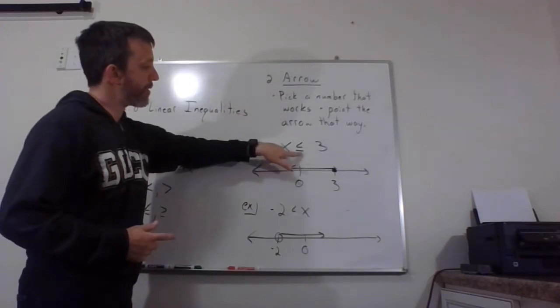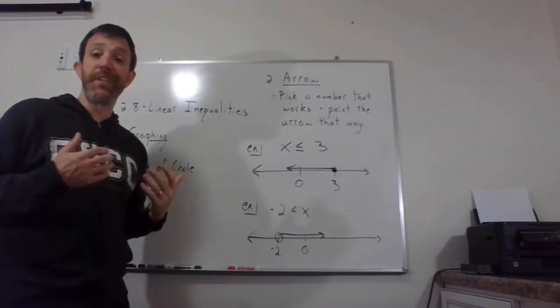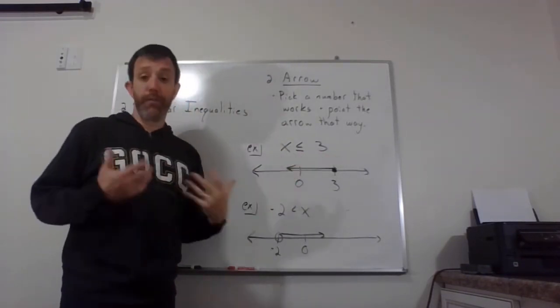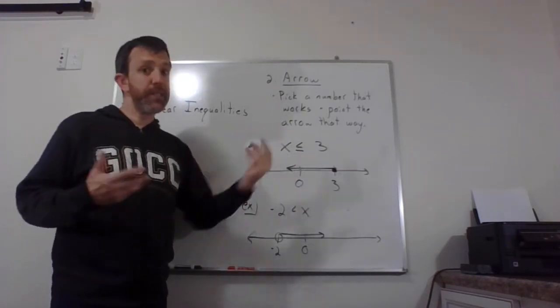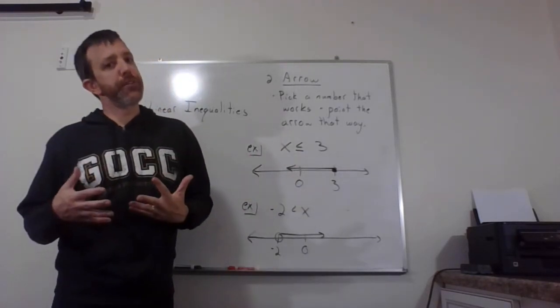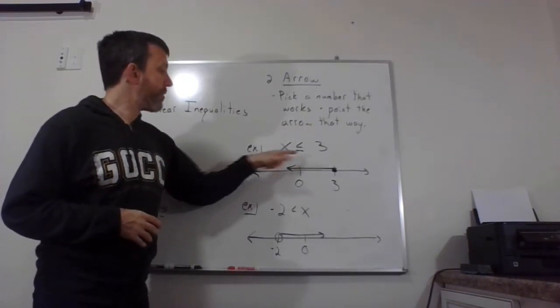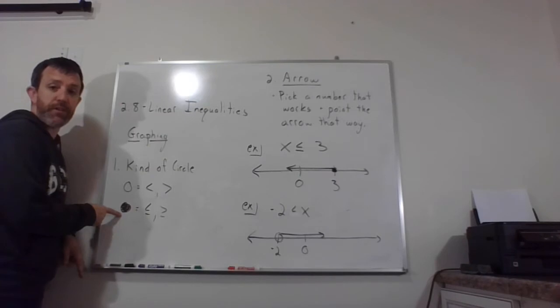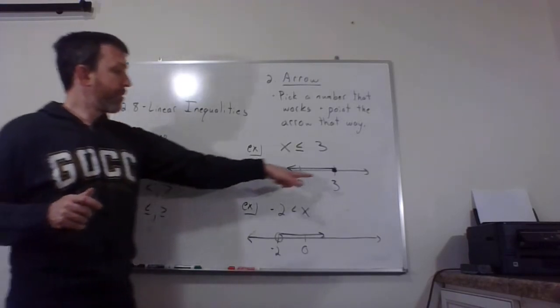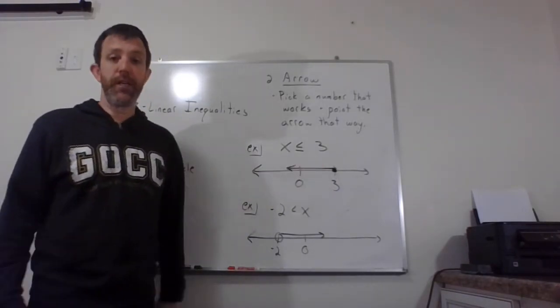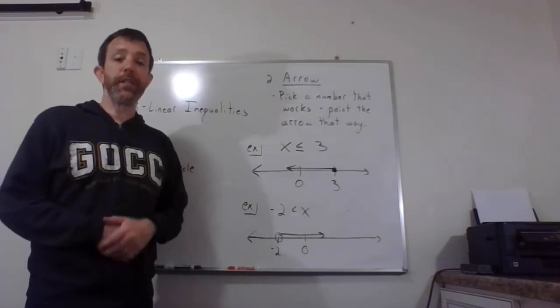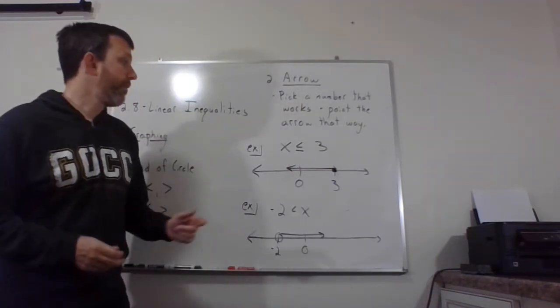So this time I notice that I have the little line under the symbol, which means that 3 is part of what works, right? 3 is less than or equal to 3. Kind of a weird statement, but that's how it works. So this one is going to have a closed circle because the 3 counts. So you'll notice I have a closed circle at the 3. The only thing left, figure out which way to send the arrow.